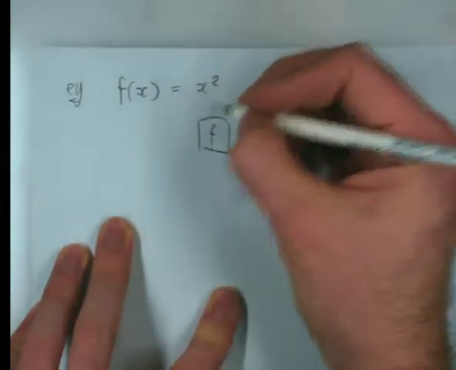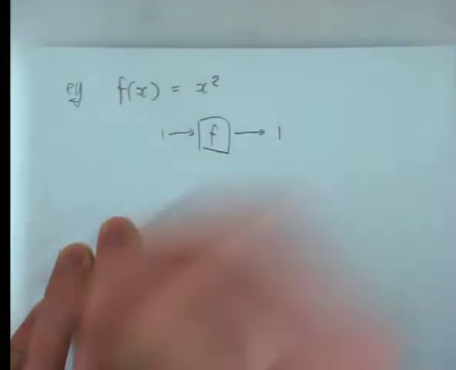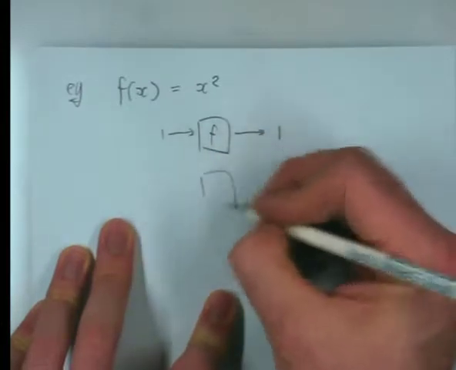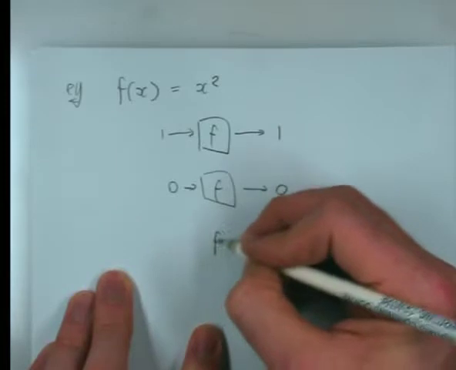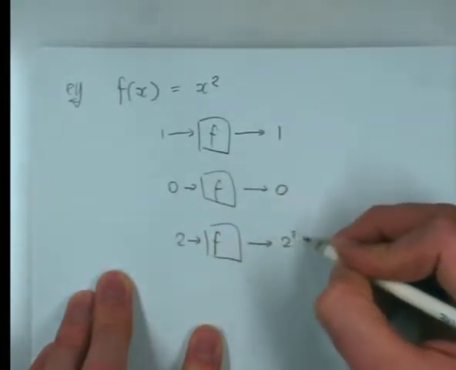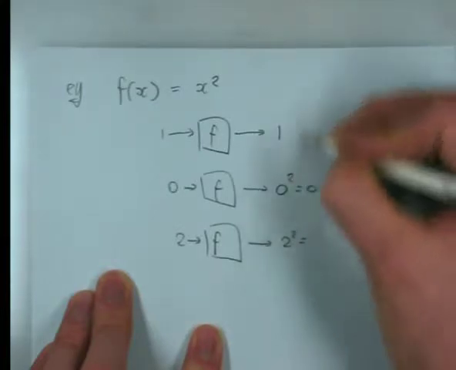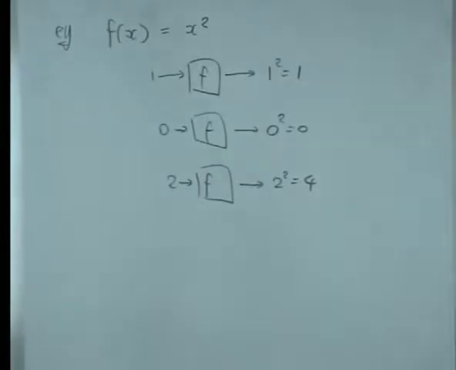if I put the number 1 in, then I get out 1 squared, which is 1. If I put the number 0 in, I get out 0 squared, which is 0. If I put the number 2 in, I get out 2 squared, which is 4. Any number I put in, I could figure out a number to come out.